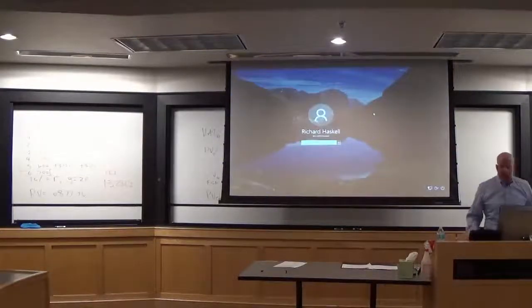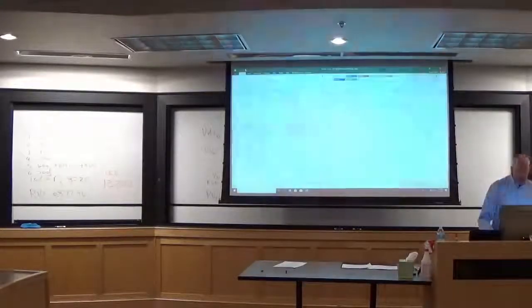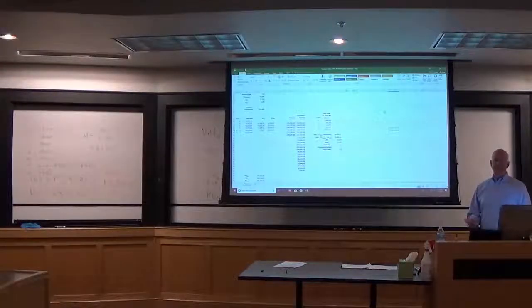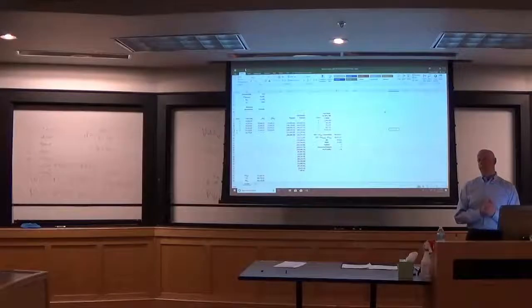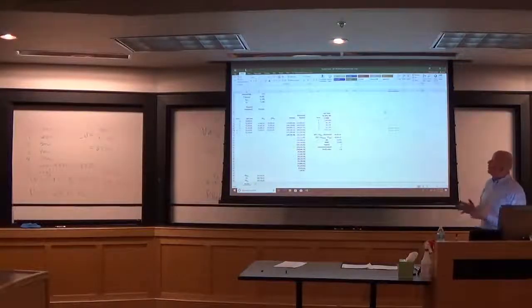Okay. So I want to show you now a multi-columnar structure in Excel for doing this. The spreadsheet I'm about to show you is linked in the Excel templates part of Canvas as it goes out to a different website that I have. And you don't need to go there, just kind of follow along on the screen at the moment.